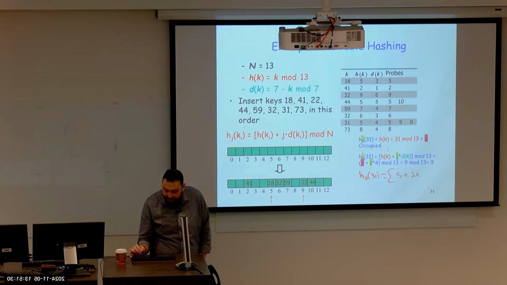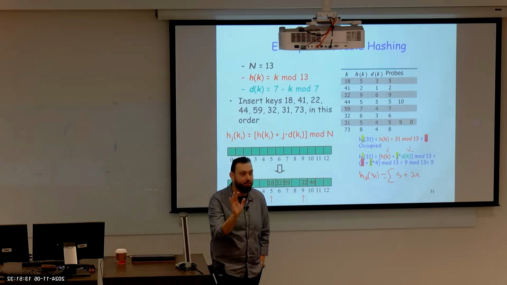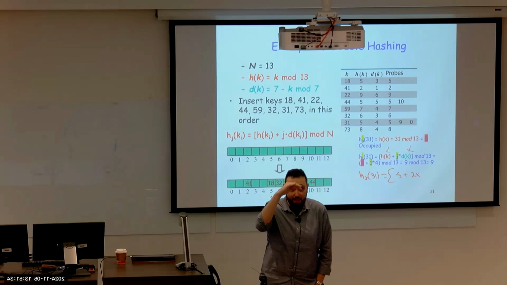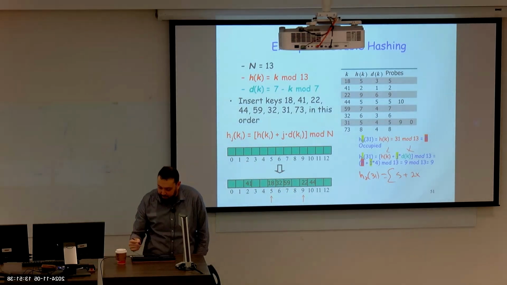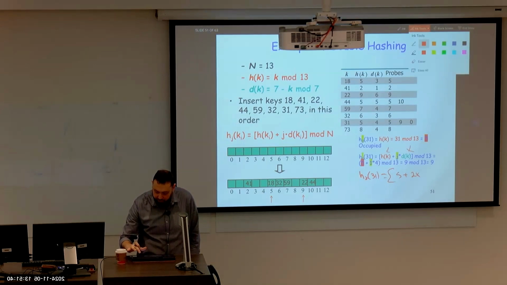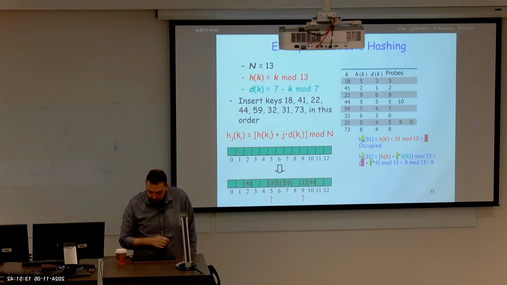So as you can see, guys, HK and DK are fixed. They are always the initial ones that I'm going to try. And then I'll do mod 13. So that's going to be what? 0. Is 0 empty? Yes, I'm going to put 31 here.